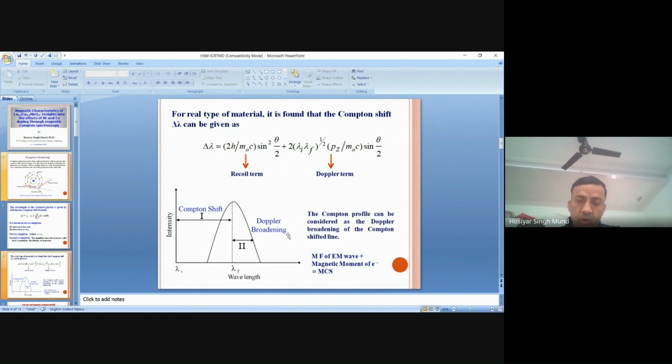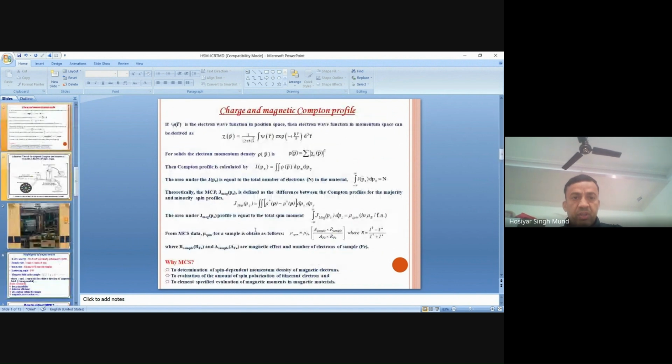The electrons associated with this broadening give us the information about the magnetic Compton profile, and therefore we can say that magnetic Compton scattering has information about the electronic wave function as well as the magnetic moment of that electron. Using this wave function, we can calculate the magnetic Compton profile by the following equations.